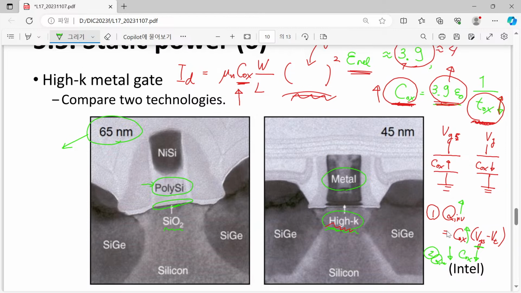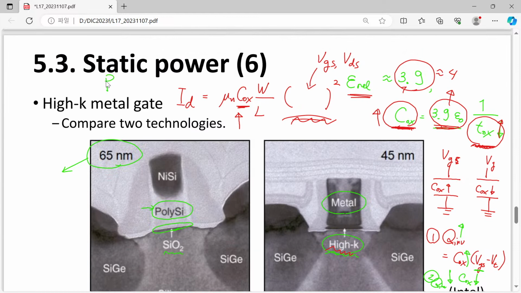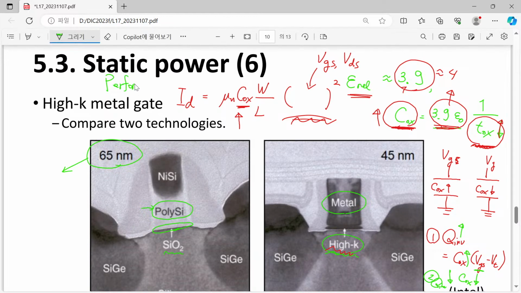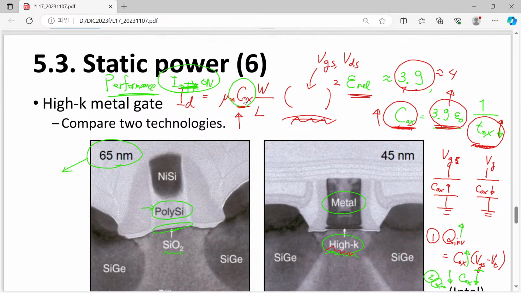So from the viewpoint of performance, once again, performance is the same word for I on in our case. In order to maximize this I on, we must have the maximum oxide capacitance we can achieve.